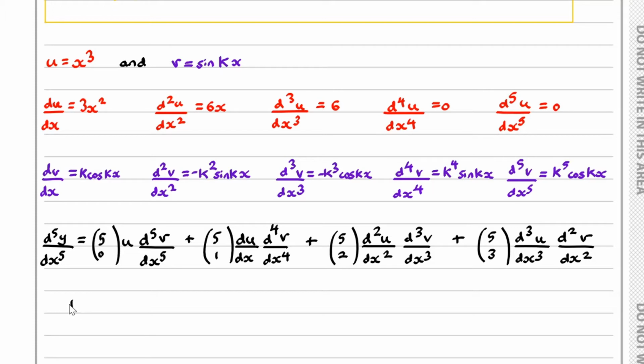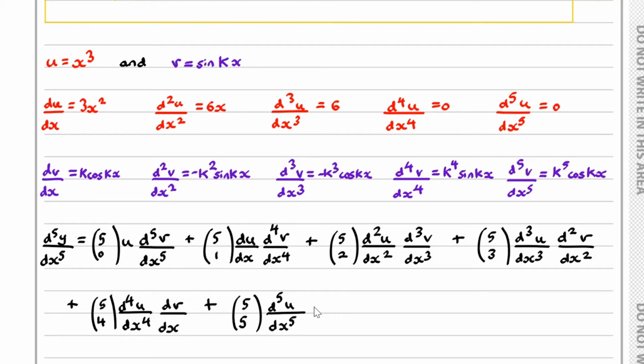Next, we have 5 choose 4 lots of d4u over dx4 dv over dx, and then we have 5 choose 5 d5u over dx5 multiplied by v.